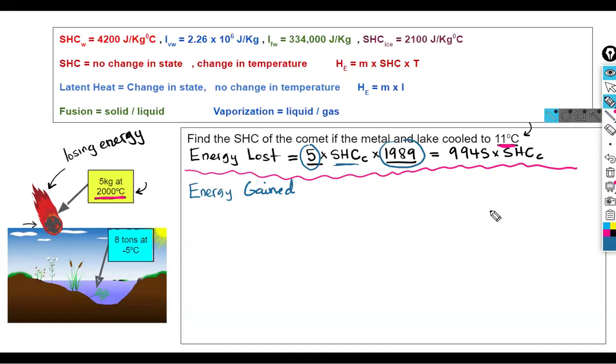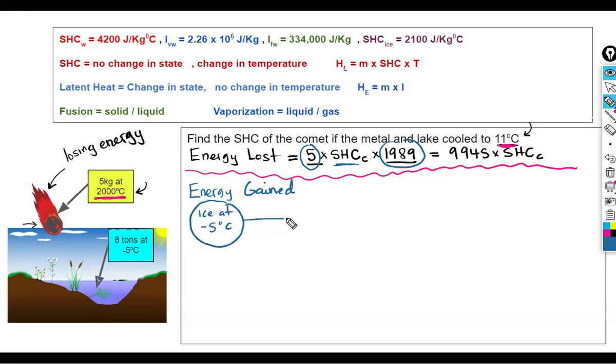All right, so let's move on, right? The energy gain. Now let's break this up into pieces. Initially, the lake was ice at minus 5 degrees Celsius. I'm gonna write that a little better. So you have ice at minus 5 degrees Celsius.